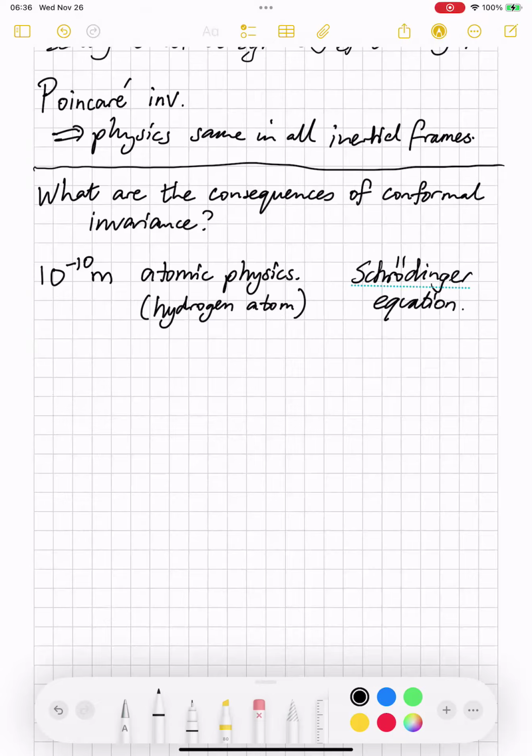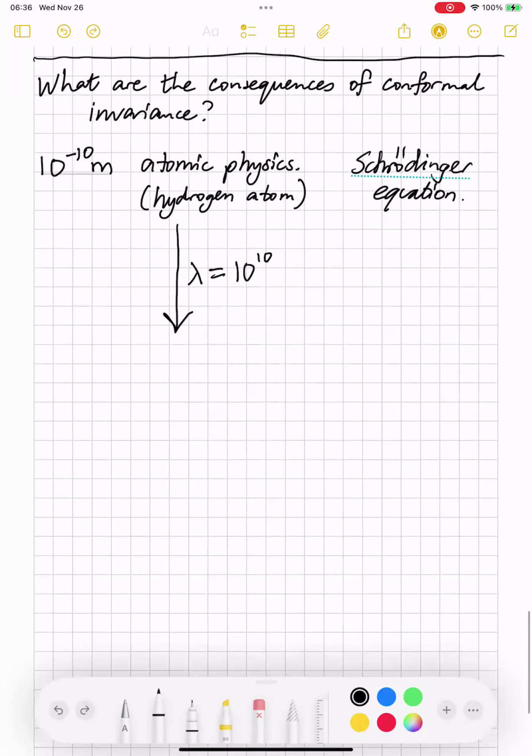Now, what we could do is, if nature was really scale invariant, we could perform a scale transformation with the parameter lambda, which is 10 to the power of 10. Performing this scale transformation of lambda equals 10 to the 10, we would end up with a length scale of 1 meter.